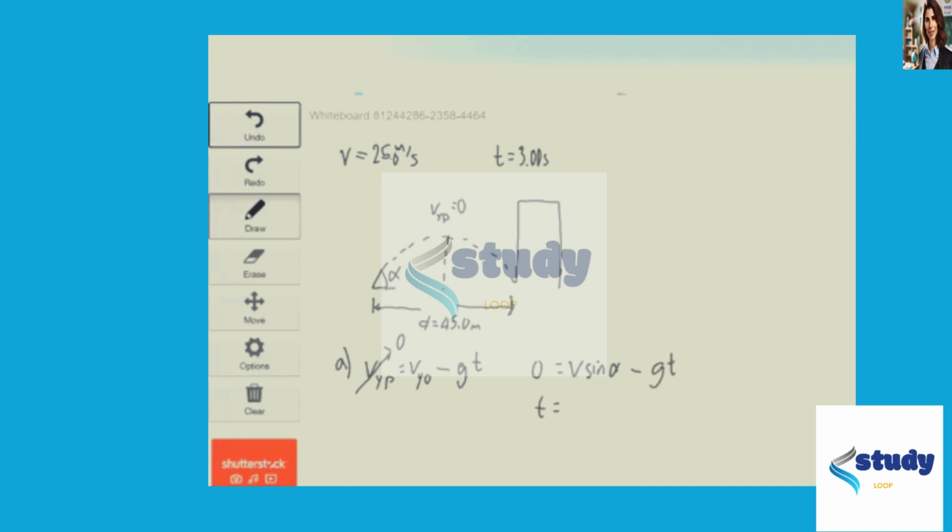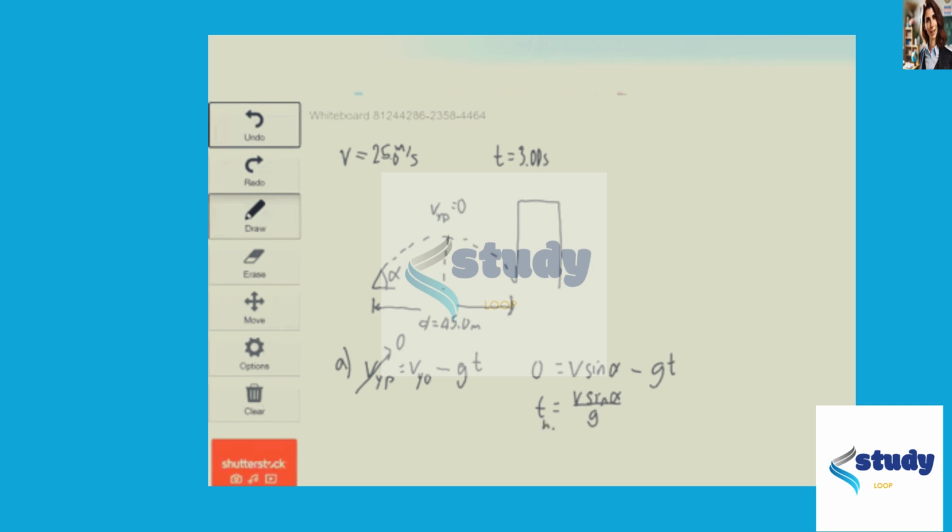So t is going to be v sine alpha over g, just rearranging and solving that. Now that's going to be half the t to get halfway, but I want t to get the whole way over.